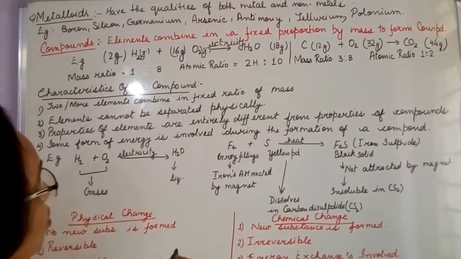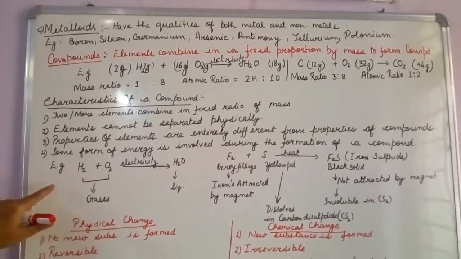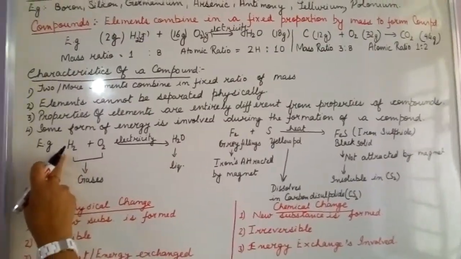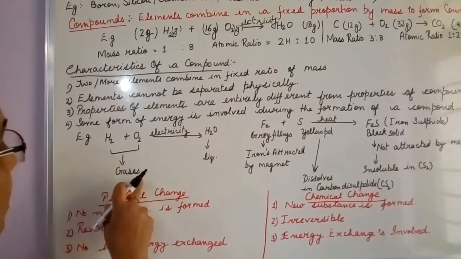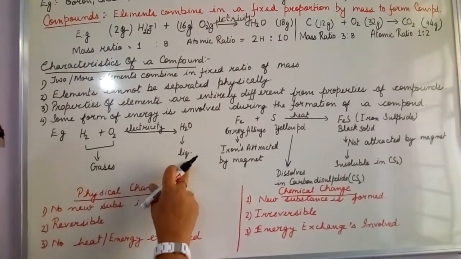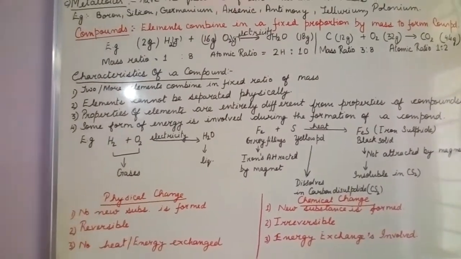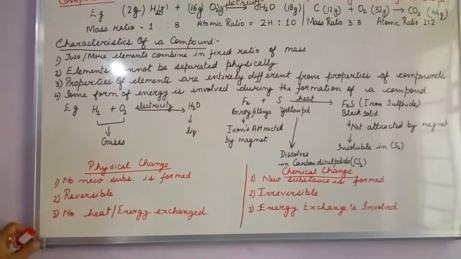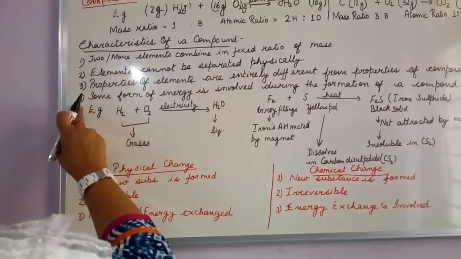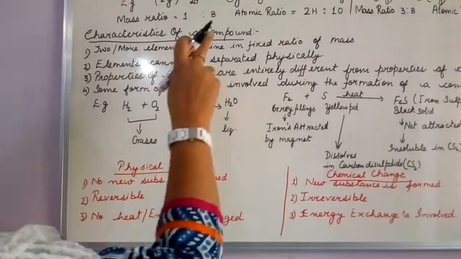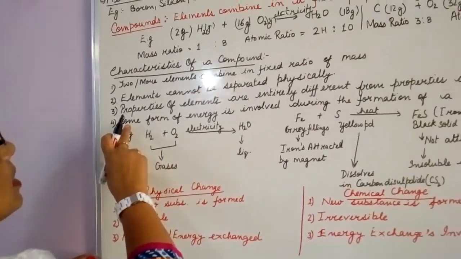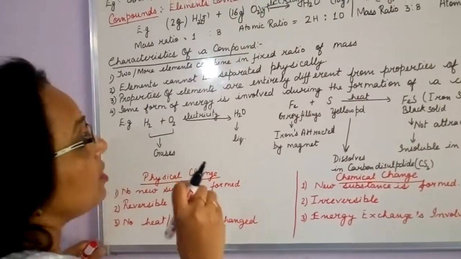For example, here you can see hydrogen is a gas, oxygen is a gas, but water which is formed is a liquid. So the property has changed completely. Here also I have shown oxygen and hydrogen, both of them are gases, and when they form water, water is liquid. So the property has changed entirely. The fourth important characteristic is that some form of energy is used.